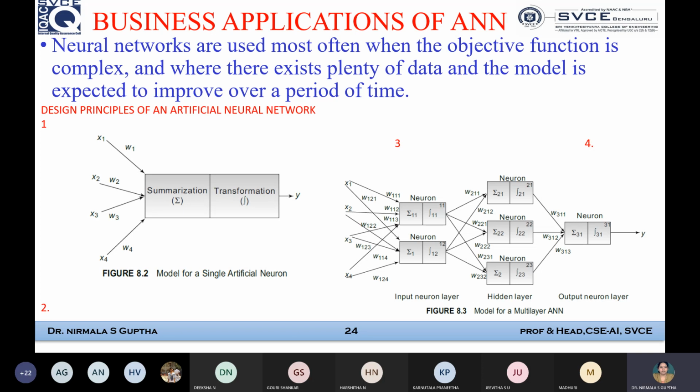Those values help the neural network as a whole, as a learning system, to provide better and correct outcomes as desired by the end user. So this is about the representation of an artificial neural network.